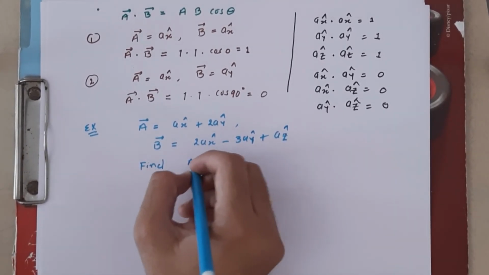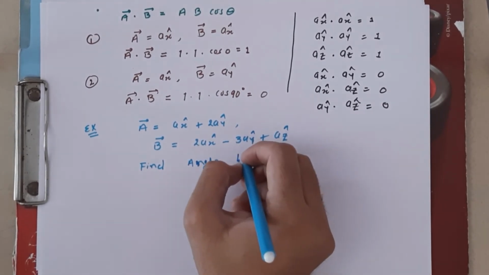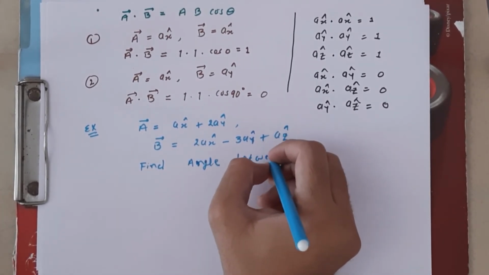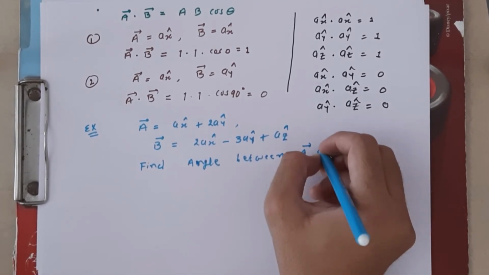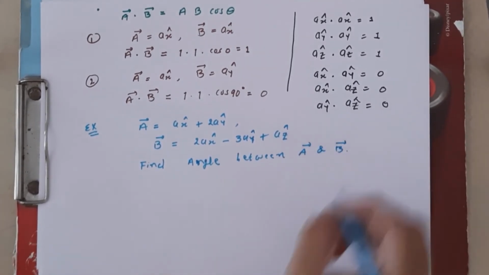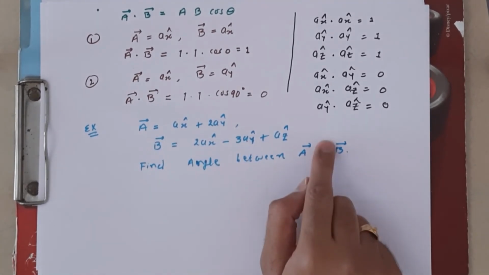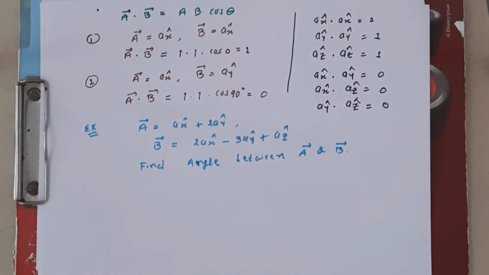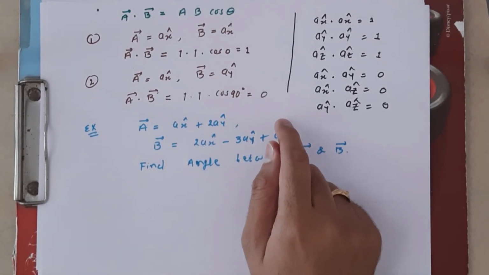Find the angle between vector A and vector B. This is one small question for assignment. The vectors A and B are given. Find out the angle between the two vectors. We will discuss this example in our next video lecture class.